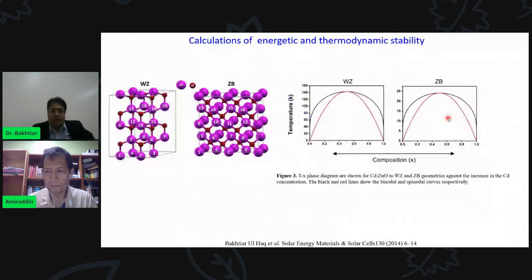Similarly, in case of the alloys, one can find the T-X phase diagram, which gives the information about the solubility of different materials in an alloy at different critical temperatures.